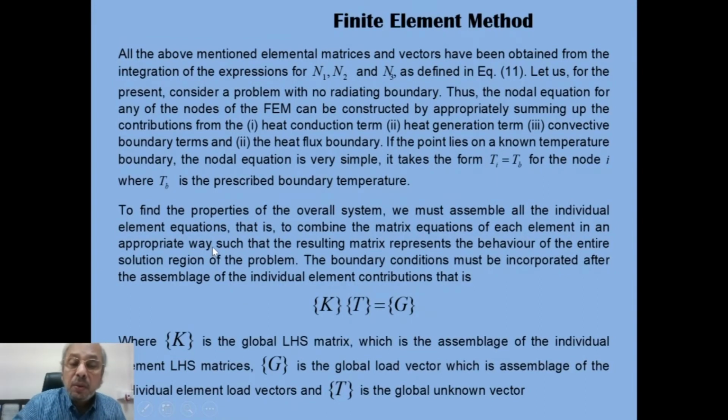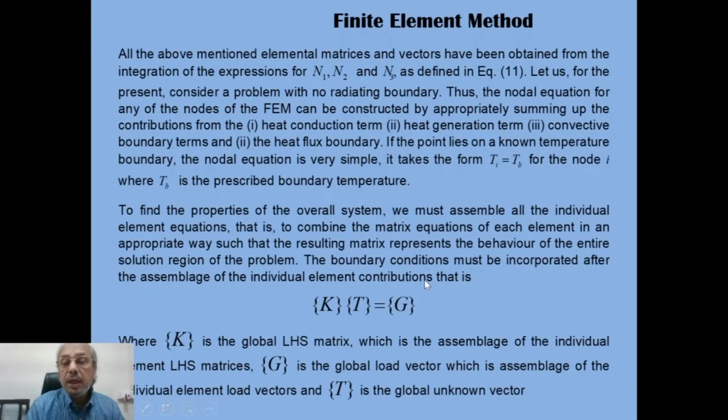Please note this very carefully, such that the resulting matrix represents the behavior of the entire solution region of the problem. The boundary conditions must be incorporated after the assemblage of the individual element contributions.